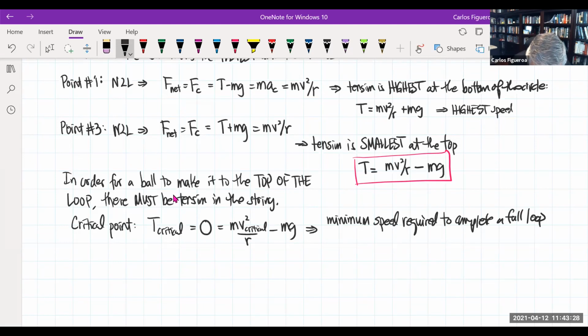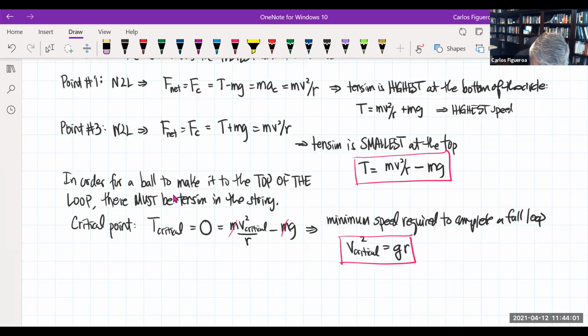And when you calculate this number, you're seeing that v critical squared is then going to be equal to, look at the masses, what are they doing? They're canceling out. So this critical value is actually equal to g times r. So if you want something to go around, its velocity squared must be equal to gr. So now that's the minimum speed.